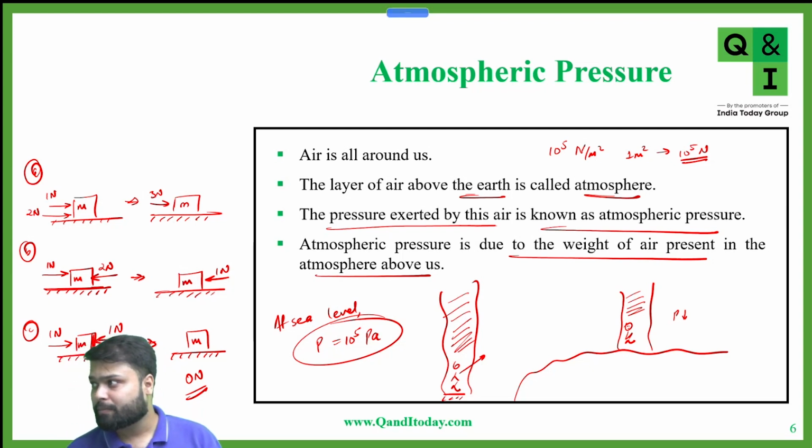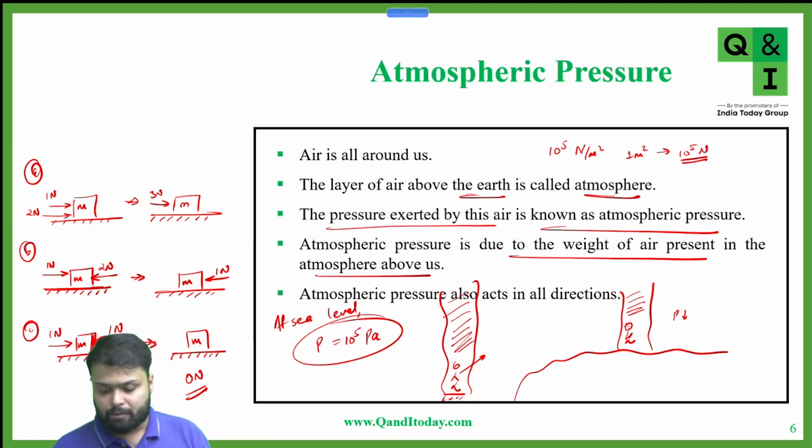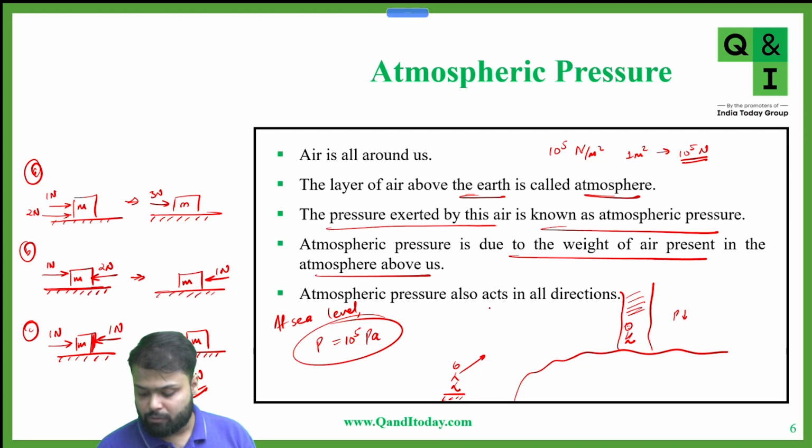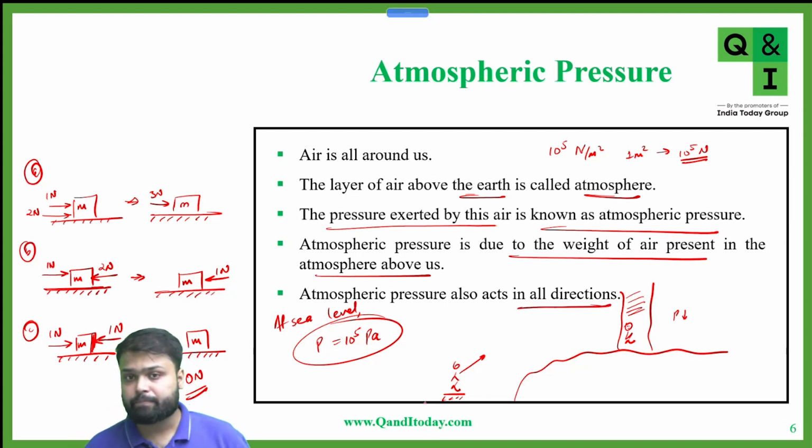Any doubt? Okay. So again, atmospheric pressure also acts in all directions, like we studied that liquid exerts pressure in all directions. So atmospheric pressure also acts in all directions.